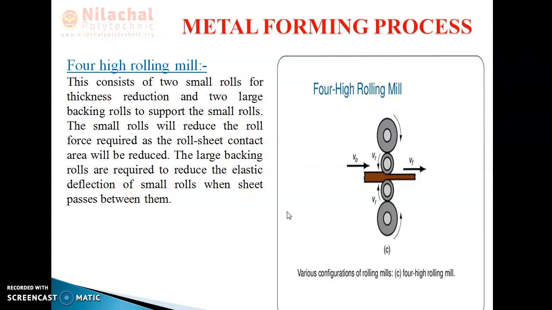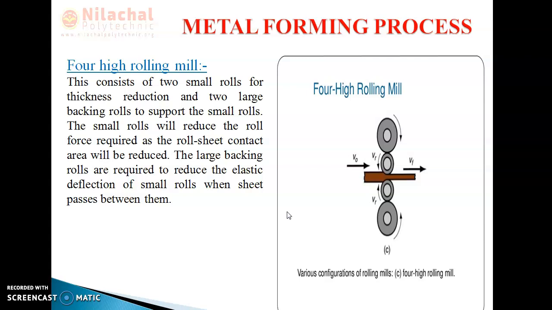The rolls which are in direct contact with the workpiece are termed as working rolls, and the remaining two, which are in roll contact, are known as backing rolls. That means working roll and backing roll.